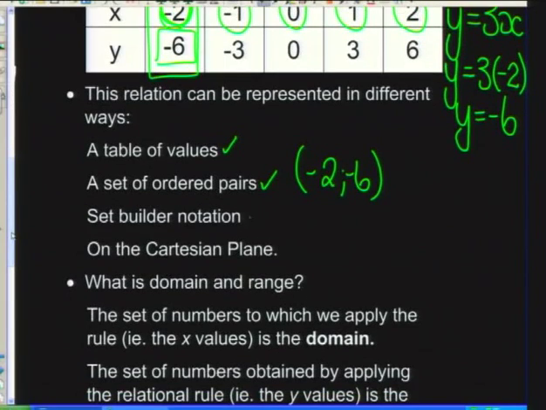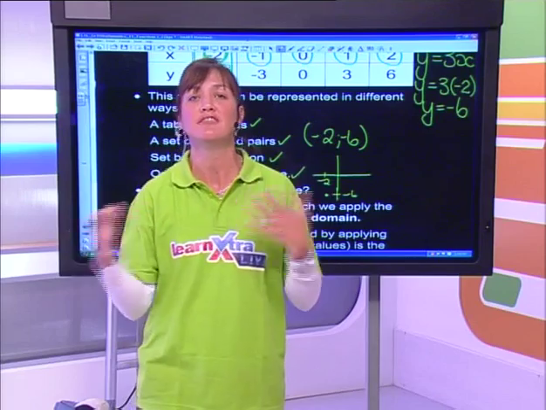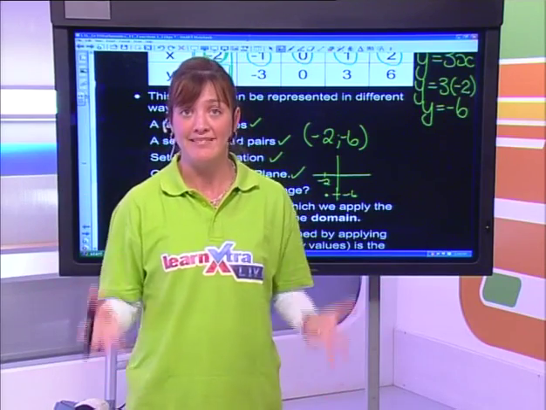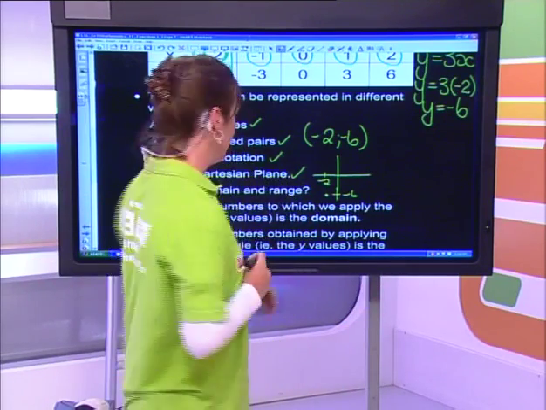We can show it in set builder notation, or on the Cartesian plane, where we plot the point (-2, -6). That's a very rough drawing, but that's sort of what it would look like on your graph. Those are different ways that we would represent relations.